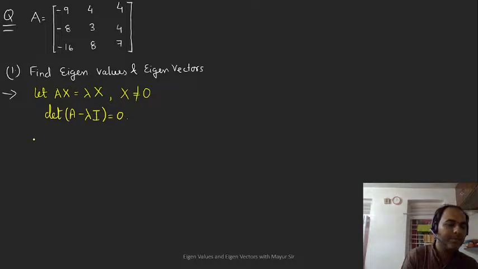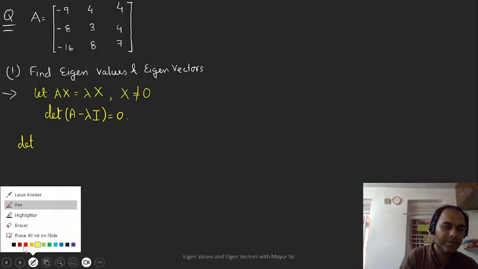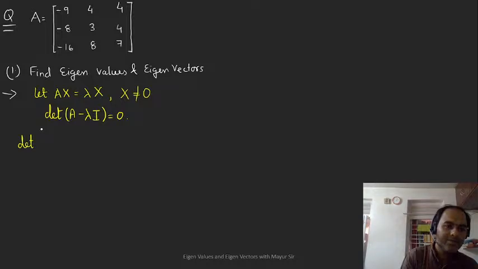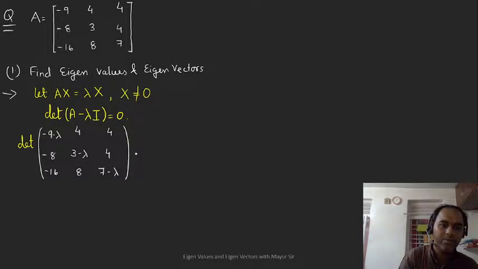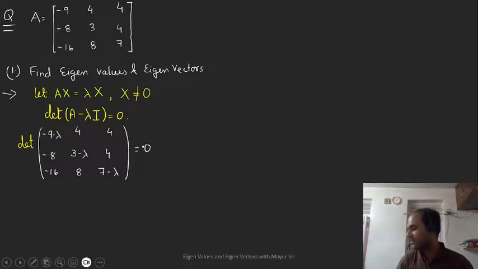From the matrix we put a determinant sign, and subtract lambda from the diagonal entries: -9 minus lambda, 3 minus lambda, 7 minus lambda, with 4, 4, 4, -8, -16 and 8, equal to 0. This is what we are supposed to write.